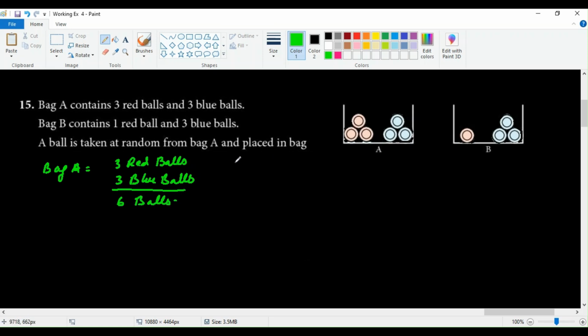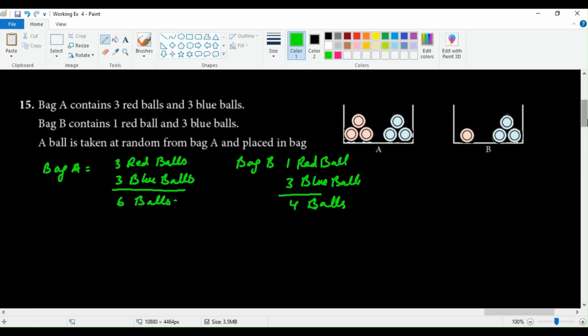Now, when it comes to bag B, it has one red ball and we have three blue balls. So altogether, there are four balls in here. So we are actually dealing with 10 different color balls.